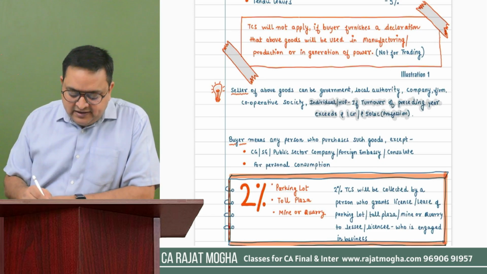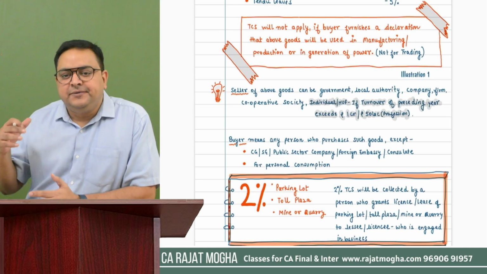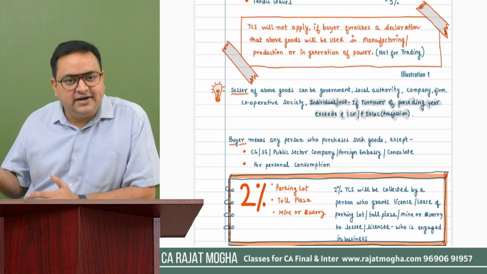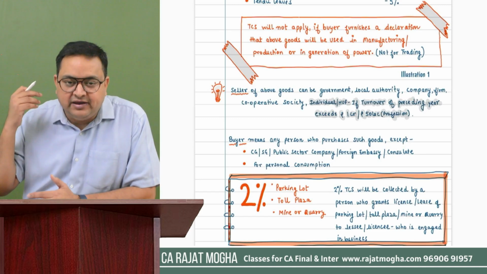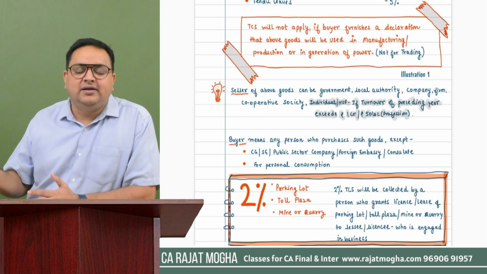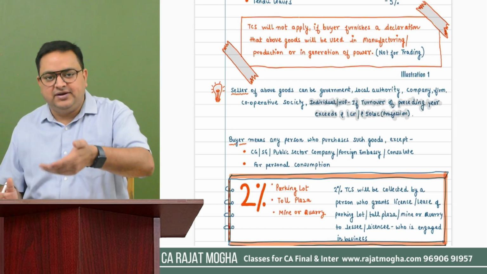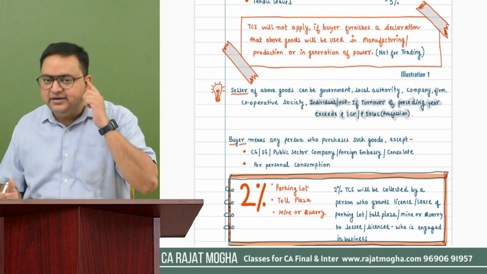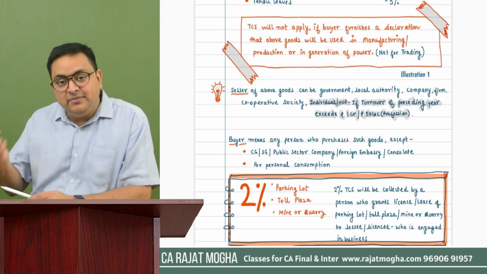So 2%. Government actually gives parking lots to contractors. So we are giving a toll plaza license or a toll plaza lease to someone. Generally, this is owned by government. So whenever government gives it to someone, then TCS will apply. Here we are collecting TCS from government? No, government is collecting.